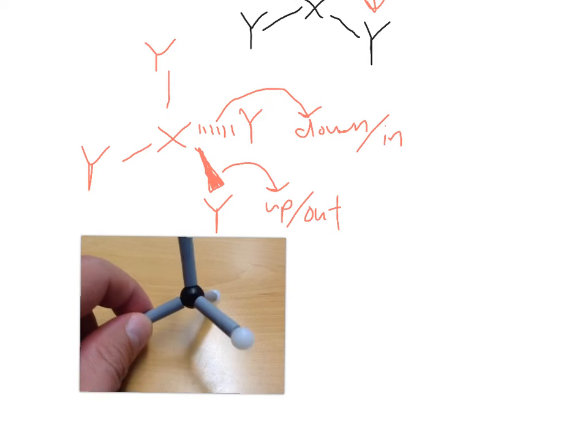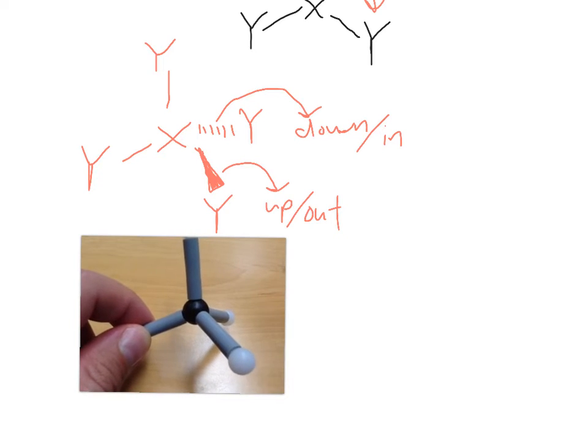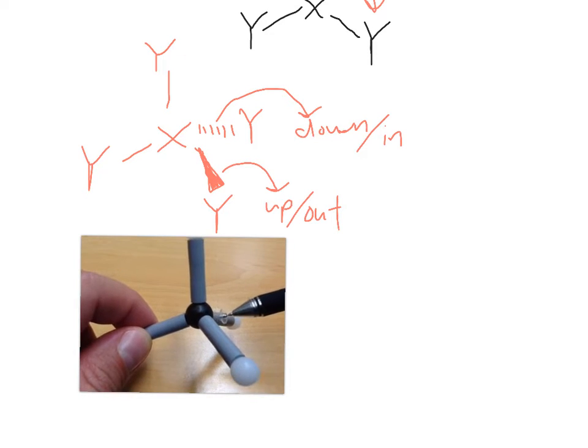If I hold the model like so, this bond is the dash going down away from your eye.